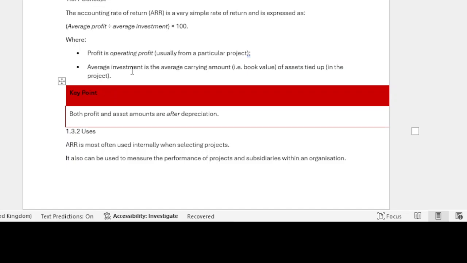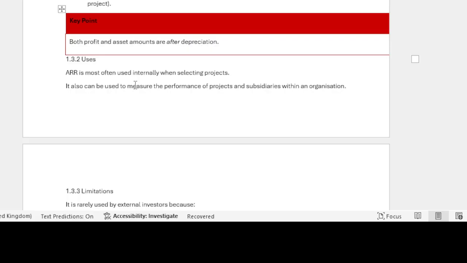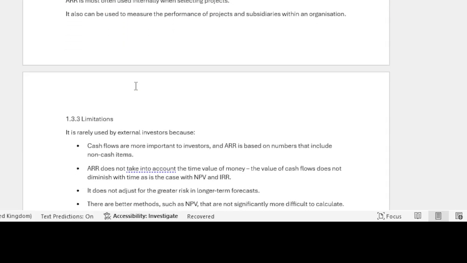So it's often used internally when selecting different projects that are options to an organization. However, it does not consider different things. It doesn't look at things like cash flow. It doesn't take into account the value for money.